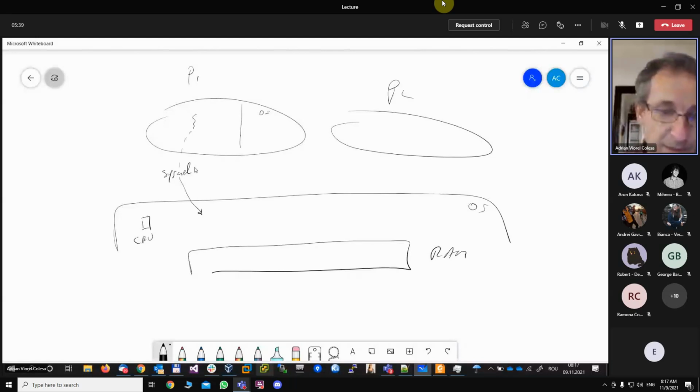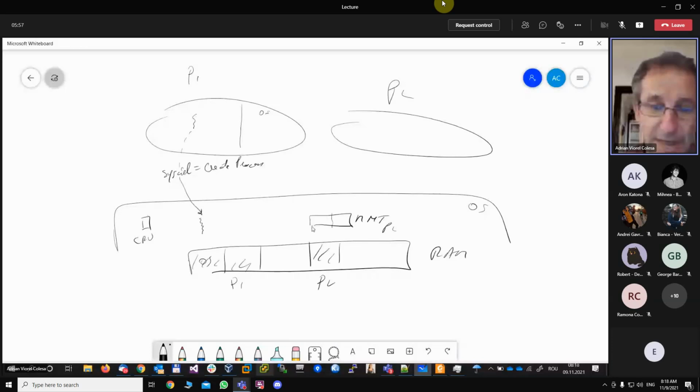The P1 is here, the OS is here, and now the OS must allocate physical memory for another process, P2, and must prepare the paging tables, the memory mapping tables for P2, such that they map the user space part of the process P2's memory here and the OS part here. I will not illustrate that anymore to not complicate that picture too much.